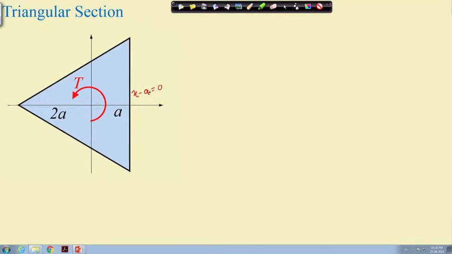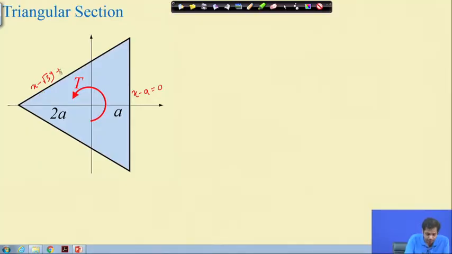And then the equation of this line becomes x minus root 3 y plus 2a equal to 0, you can check it. And the equation of this line will be x plus root 3 y plus 2a equal to 0. So, these are the equations, right.